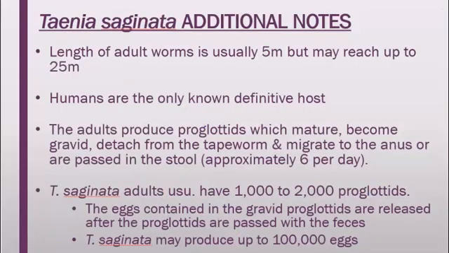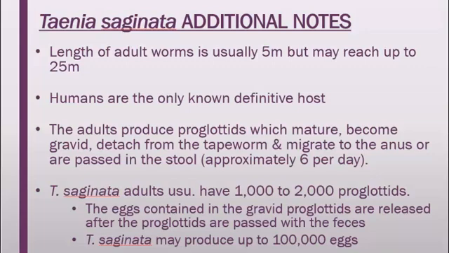Some additional notes for Taenia saginata, or our beef tapeworm. The length of adult worms is usually 5 meters, but can reach up to 25 meters, and that's meters, so that's pretty long. Humans are the only known definitive host. Adults produce proglottids which mature, become gravid, detach from the tapeworm and migrate to the anus or are passed into the stool.